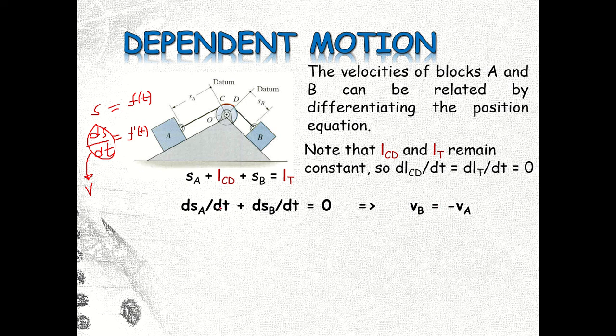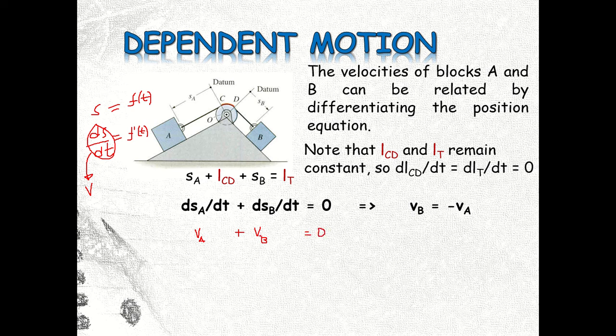And then from here, this becomes the velocity of block A plus the velocity of block B equal to 0.